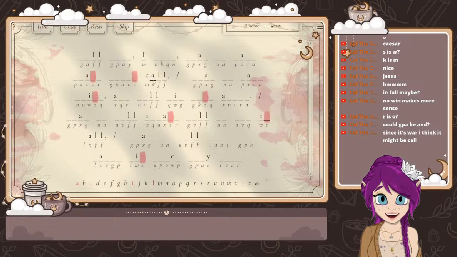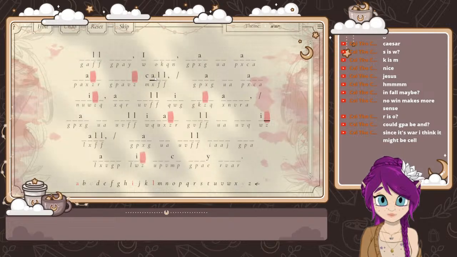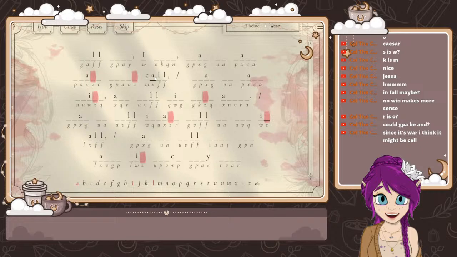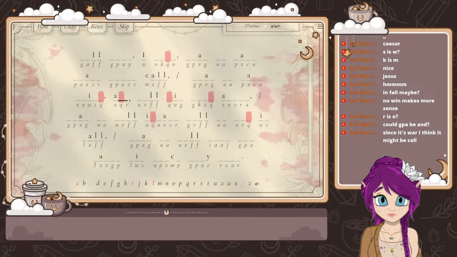Might be cell. Yeah, but the rest of the poem was very, it wasn't talking about prisoners. It was talking about people on the field. Is this one and?